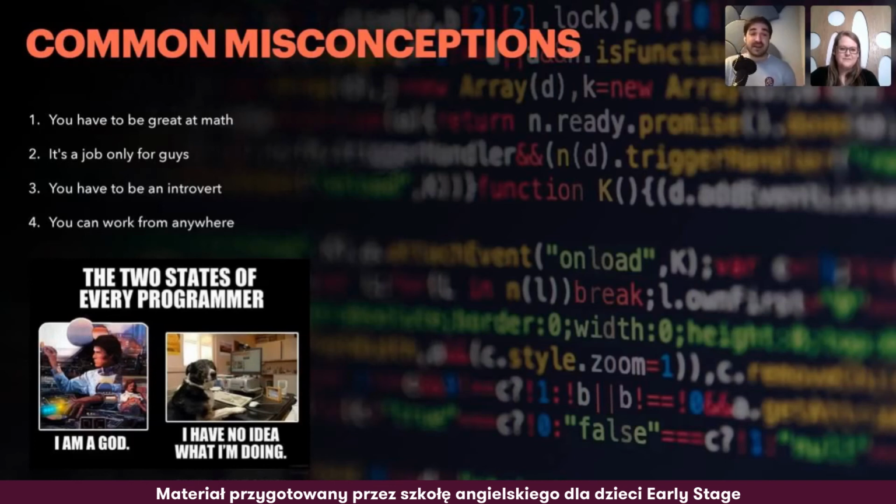Third one is that you have to be an introvert. Well, you don't, but it certainly helps to be able to spend a lot of time in front of the screen, being focused and not feeling the need to go out and interact with the world. We know what introvert and extrovert is, right? Go ahead, explain it.